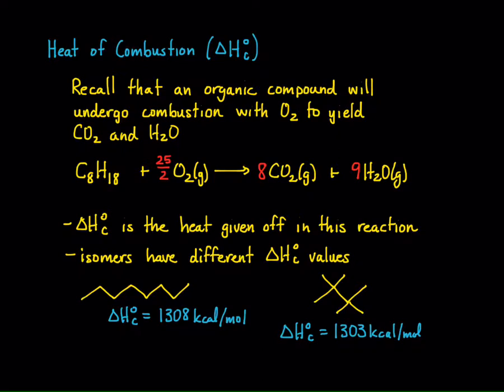Why? Well, let's take a look at an energy diagram to see if we can picture what's going on in the process. We're going to start off with our baseline of the products. Notice that both octane and 2,2,3,3-tetramethylbutane give the same products.